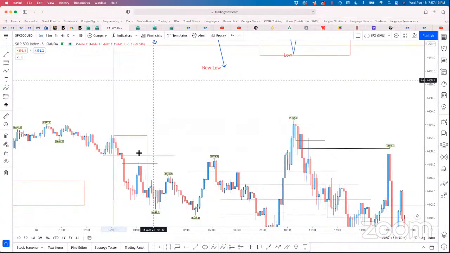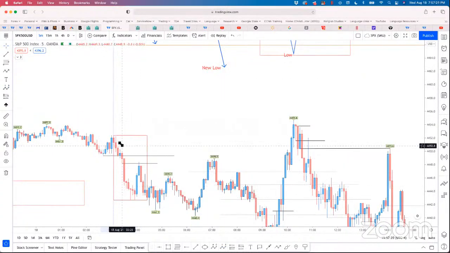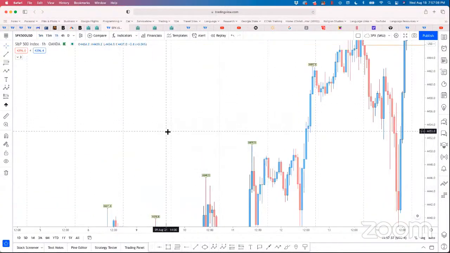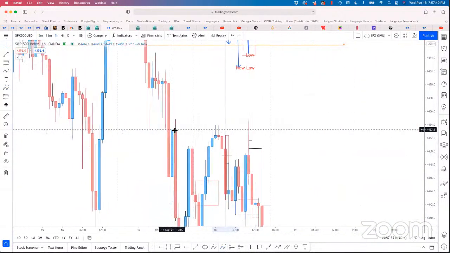Now, the last thing I was going to say was all this is on 5 minutes. Kind of going back to what you were talking about, like 5 minute versus 1 hour. All we just went over is 5 minutes. Now, same area, 1 hour.